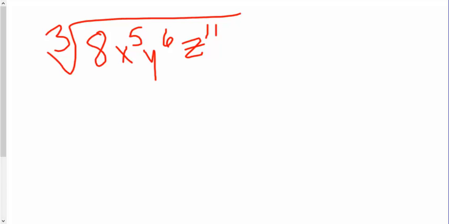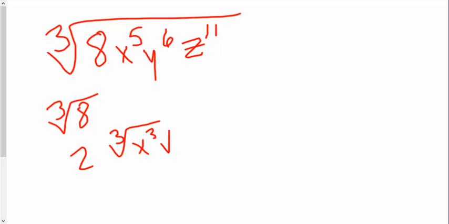The first thing I realize is the cube root of 8 is just 2. Here, if I were to break down x to the 5th, because I'm doing the cube root, I want to break that down to the cube root of x to the third, and I still have that x squared left over, because x to the fifth becomes x to the third times x squared.